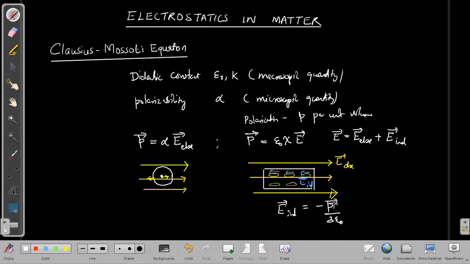I'm not going to derive it for the time being, so I'm going to use this result. There is a relation between the induced electric field and the polarization produced, so the induced electric field I can write as minus P by 3 epsilon 0. With these remarks, we can go for deriving the Clausius Mossotti equation.